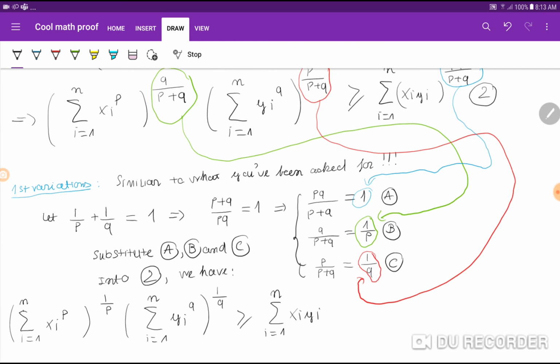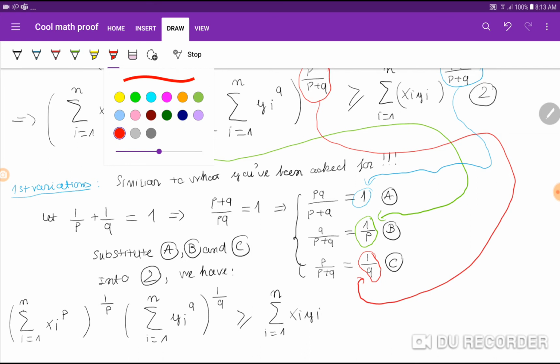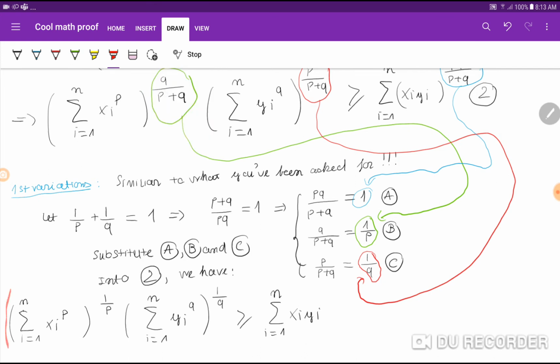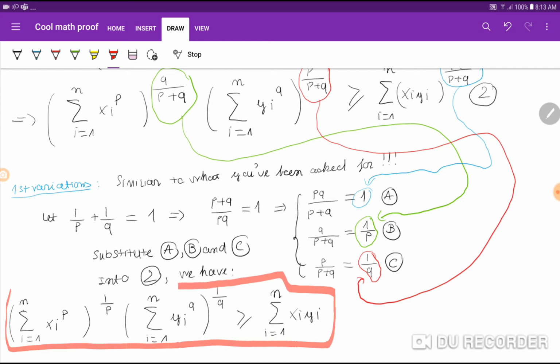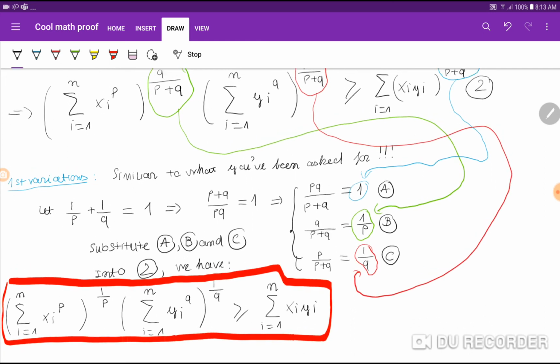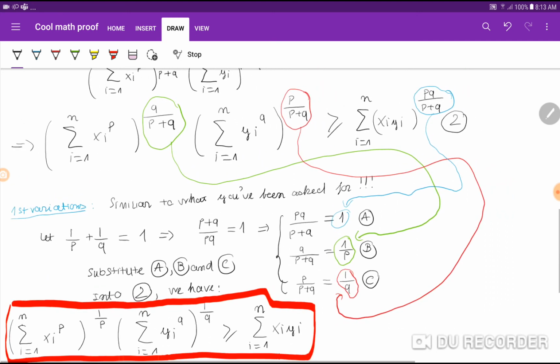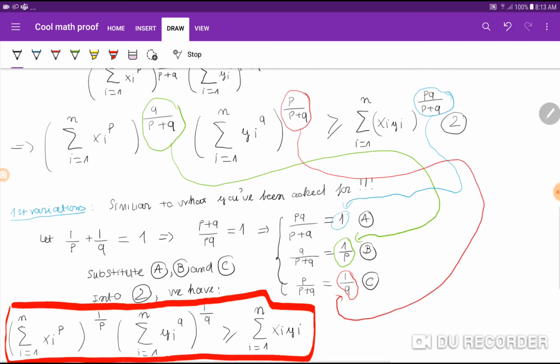Okay, so that is our first variation, the first variation we have for Holder inequalities based on 2.